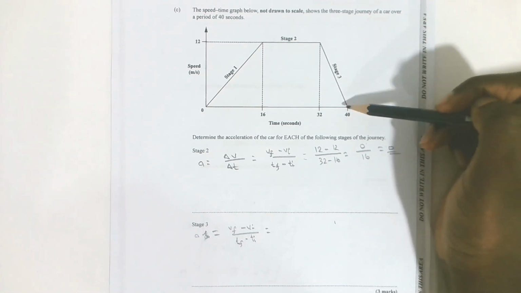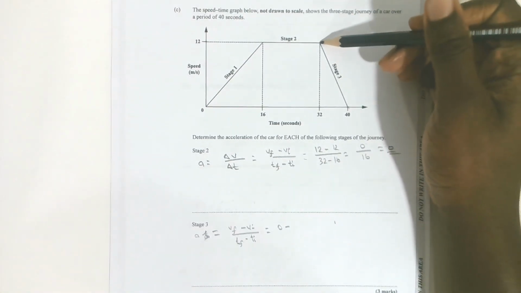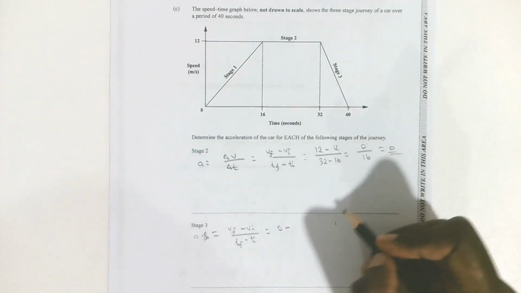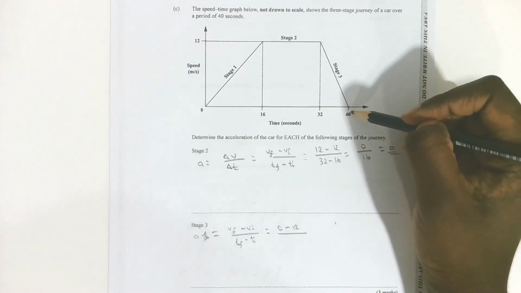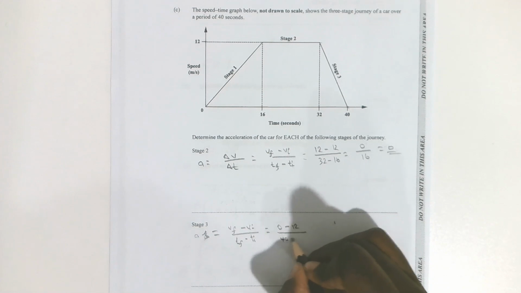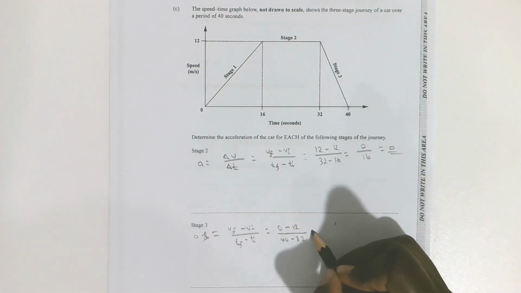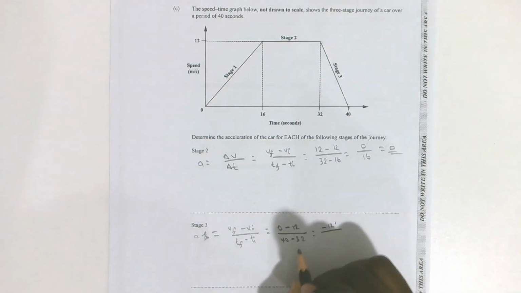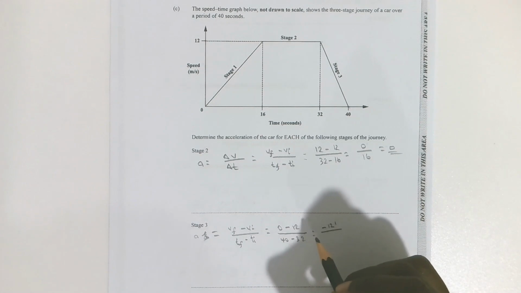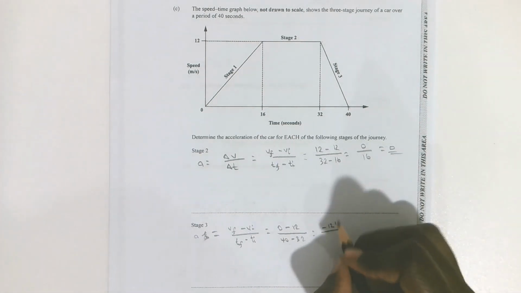That's our end here, so final velocity is equal to 0. Subtract our initial velocity, which is here, 12, divided by our final time, which is 40, minus our initial time, which is 32. 0 minus 12 is going to give us a negative 12, divided by 40 subtract 32, which gives us 8.